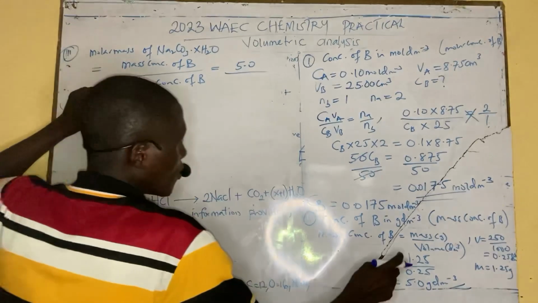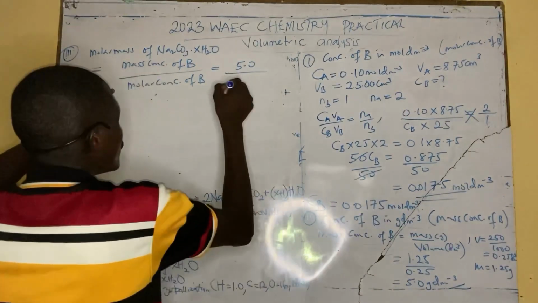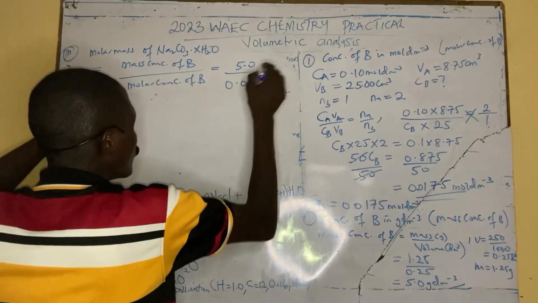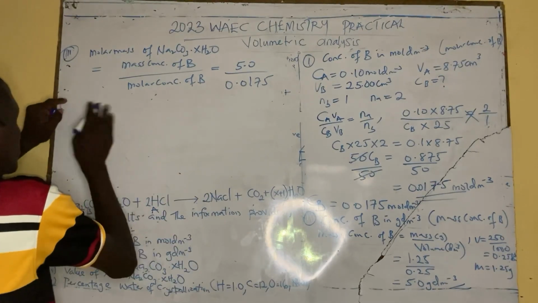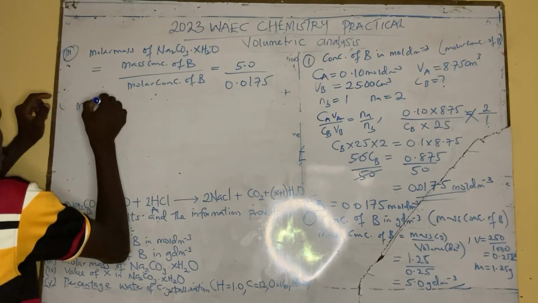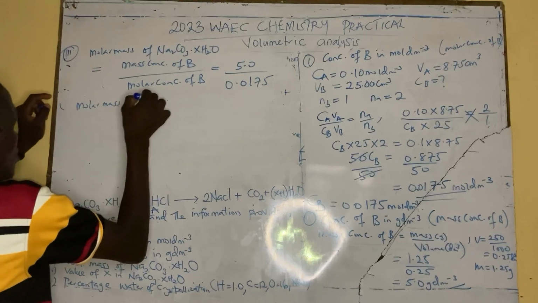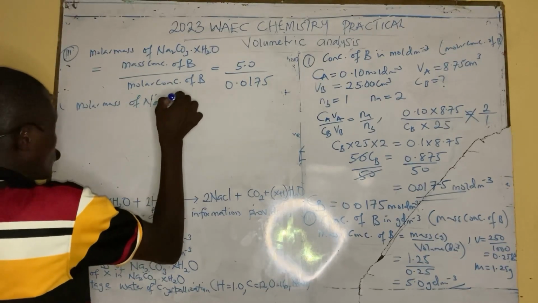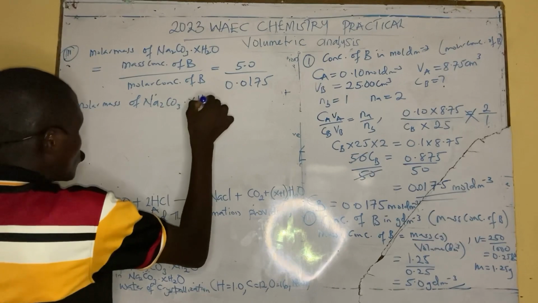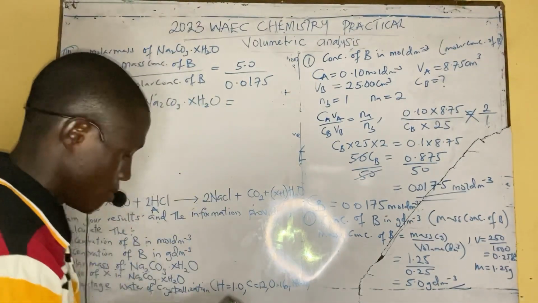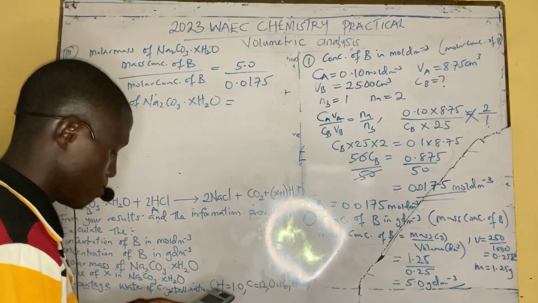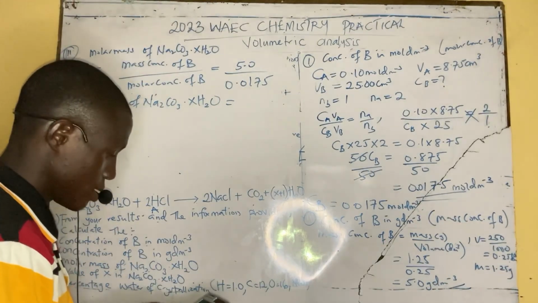What's your molar concentration? 0.0175. So the molar mass of Na2CO3.xH2O is equal to 5 divided by 0.0175.